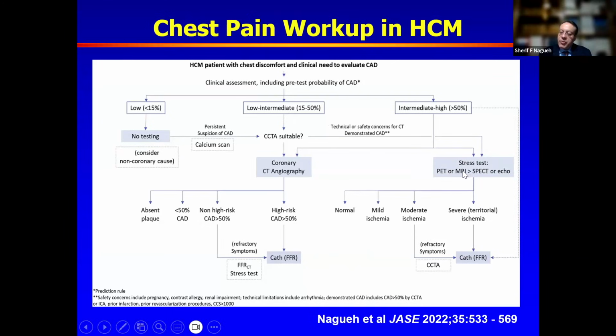And so these are the preferred stressor modalities. If there is severe ischemia, it is straightforward to go to CAD evaluation. If it's normal or mild ischemia, you can say we observe. Moderate ischemia with ongoing symptoms, either you can take them to cath, though you may consider a coronary CT angiogram to look at their coronaries and, if needed, a fractional flow reserve.